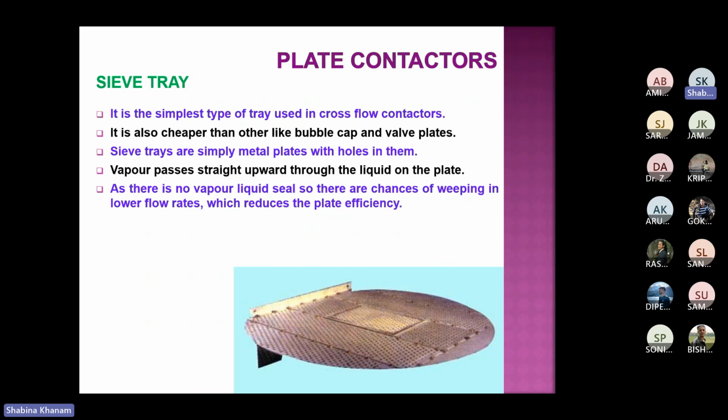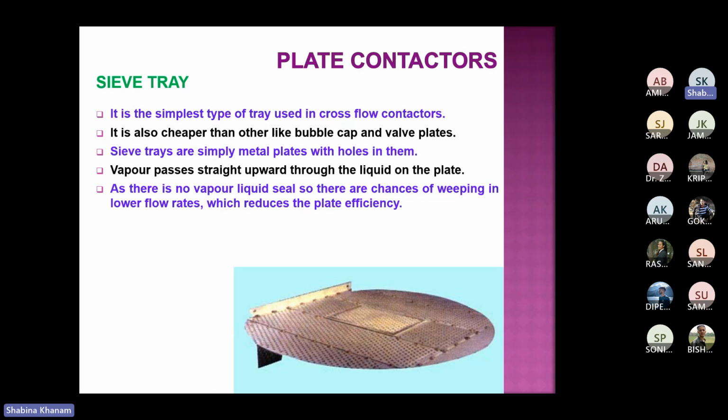there are chances of weeping of the liquid at lower flow rates, which reduces the plate efficiency. When we consider this sieve plate, it is nothing but a metal plate where holes are available, and through these holes vapor comes from the bottom and interacts with the liquid.